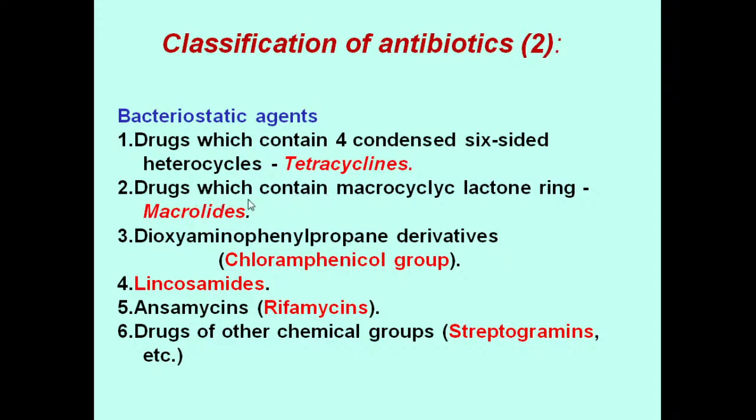Drugs, I told you, which contain a macrocyclic lactone ring, macrolides. They were the first in this chemical group. And nowadays we have macrolides, azalides and ketolides, whose activity is higher. That is why they have a bactericidal type of action.